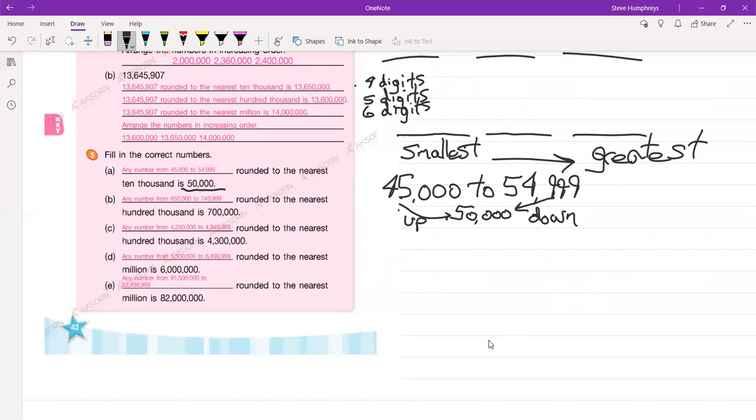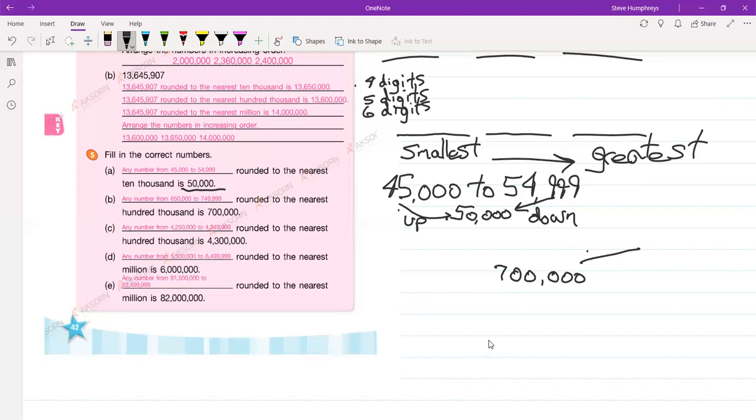The next one is rounding to 100,000. You've got 700,000. Remember, last 5 digits.